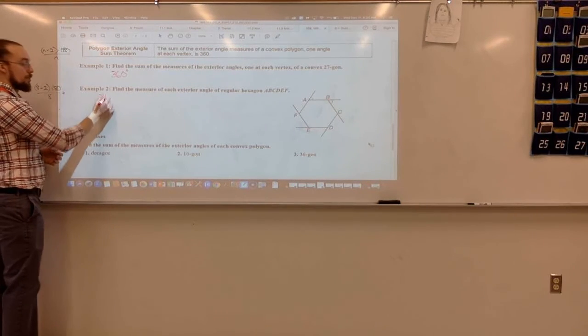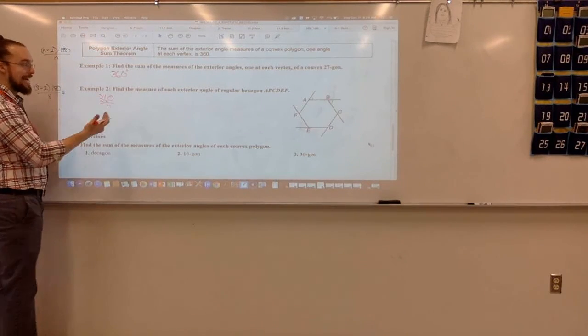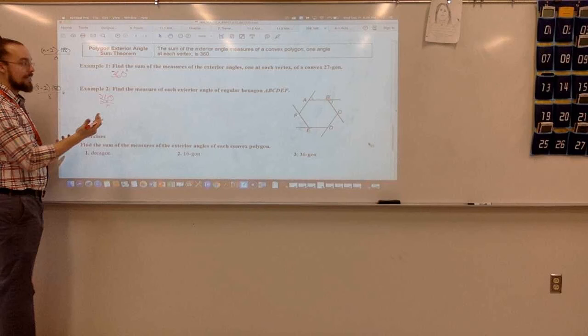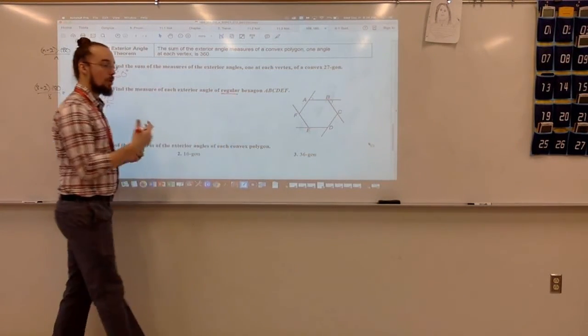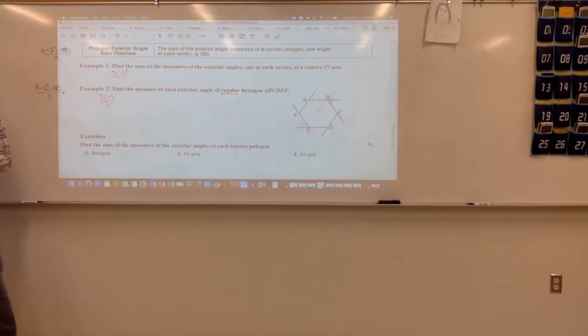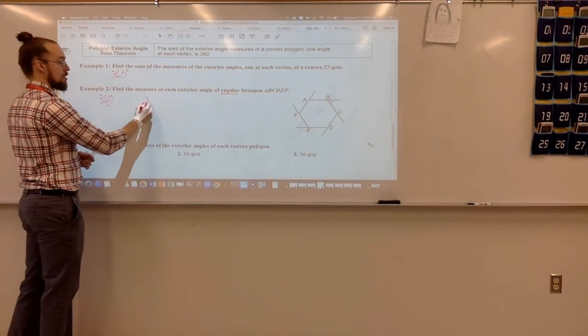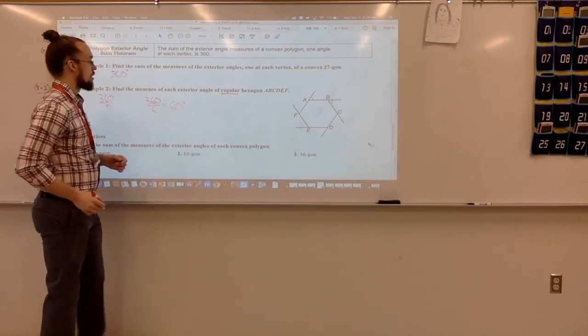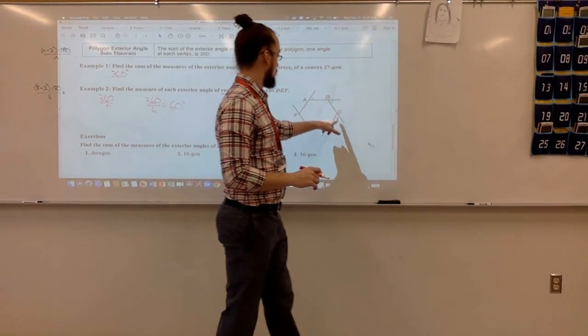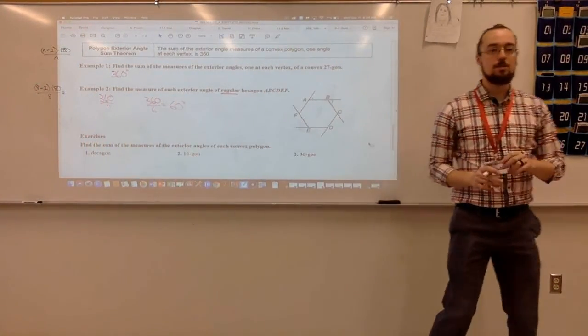So we're going to take 360 divided by n. In this case, if we're talking about a hexagon, and remember, this only works for regular figures because I know all the angles are the same. So I'm going to take 360 divided by 6 here and get that each of these exterior angles is 60 degrees.